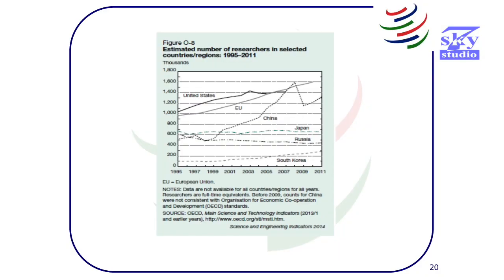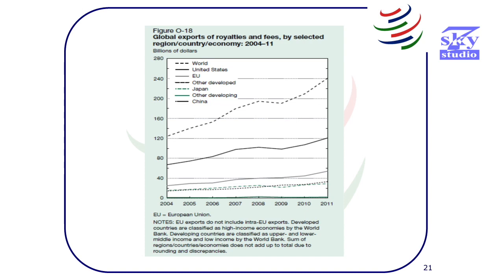Here we see the estimated number of researchers, and very interesting, China is going up like a rocket here. Then going down again. Russia is slightly on the decline here, but more or less stable. Again, interesting, whereas the EU is getting more and more researchers. And here we have global exports of royalty and fees by region.